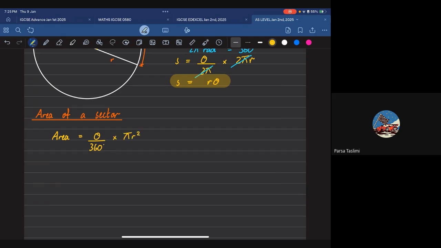Now that's again in degrees. That is when you used to have this formula, when the angle was provided to you in degrees.